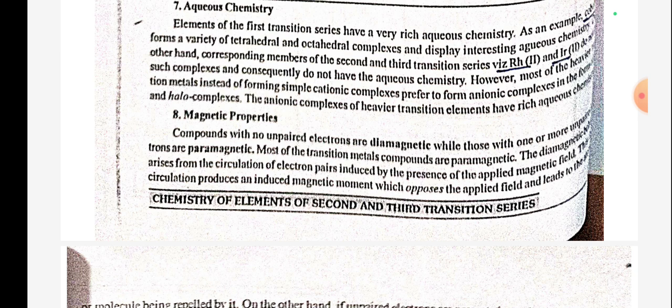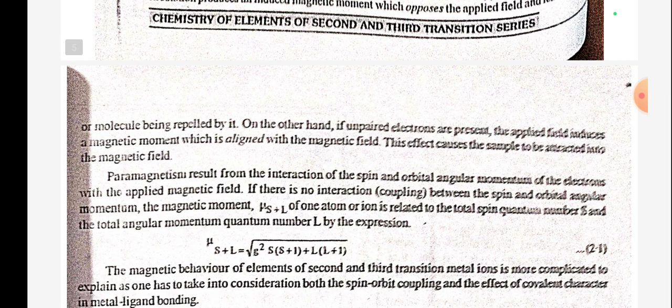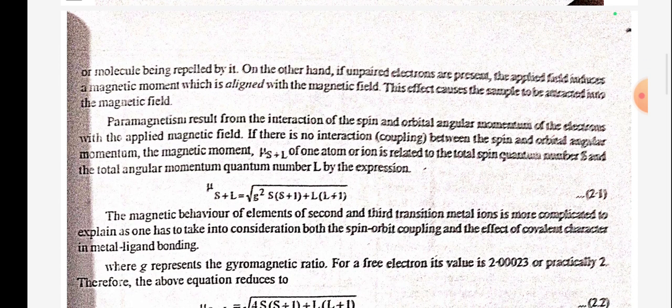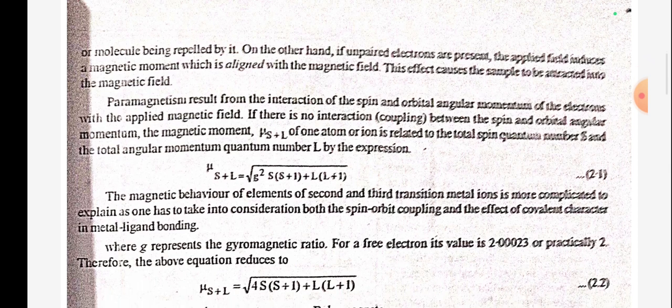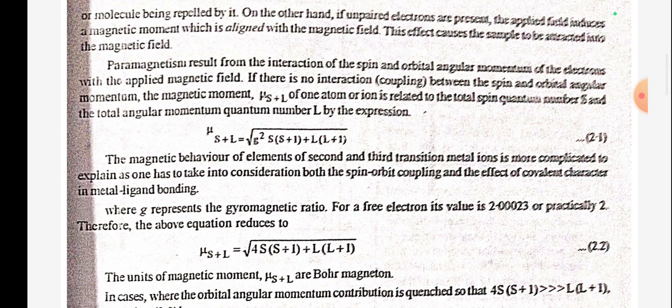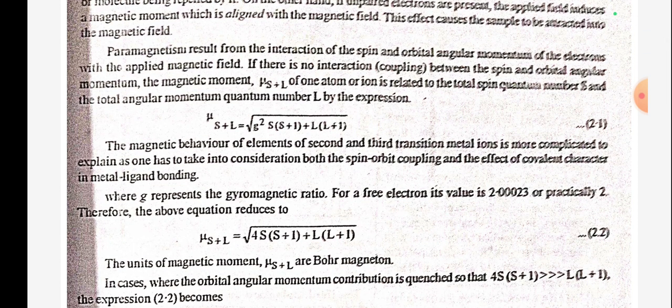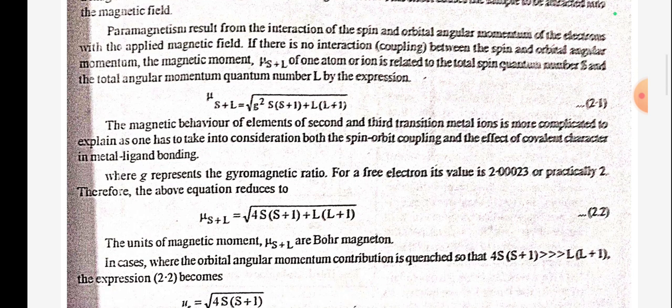This circulation produces an induced magnetic moment which opposes the applied field and leads to the molecule being repelled by it. On the other hand, unpaired electrons, in an applied field, introduce a magnetic moment which is aligned with the field, opposite to diamagnetism. This effect causes the sample to attract the magnetic field.